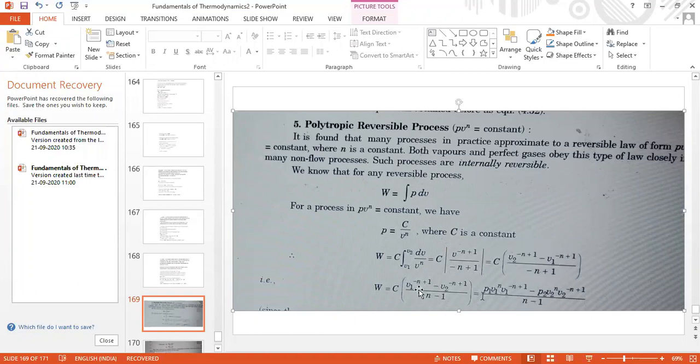That means V1 power minus n plus 1 minus V2 power minus n plus 1 is written. And now he brought C inside the brackets. Wherever V1 is raised to some power, he has written C value, P1 V1 power n. And wherever V2 power minus n plus 1 is there, he has written P2 V2 power n, so that here V2 has different powers.